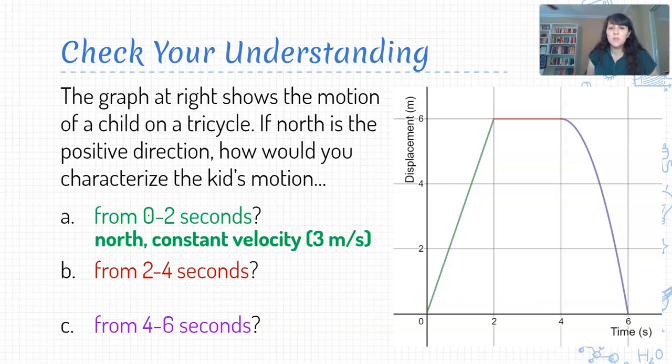So that tells me that my child is moving at a constant velocity. Since the slope is positive, we must be moving in the positive direction to the north. And if I really want to be precise, I can calculate what that velocity is by finding the slope of that section of the graph. So I see it goes 6 meters over 2 seconds. That's going to be 3 meters per second.